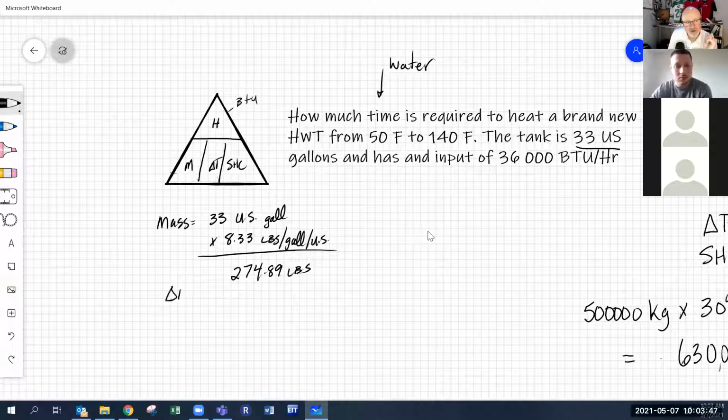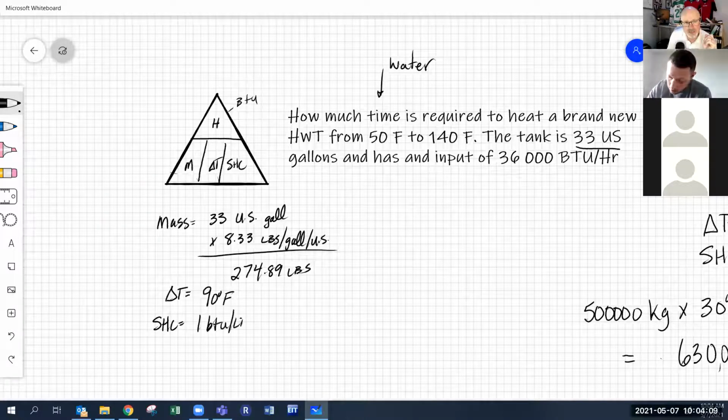Then we need to know what our delta T is. Our delta T is 90 degrees Fahrenheit. And now our specific heat capacity for water is 1 BTU per pound per degree Fahrenheit.